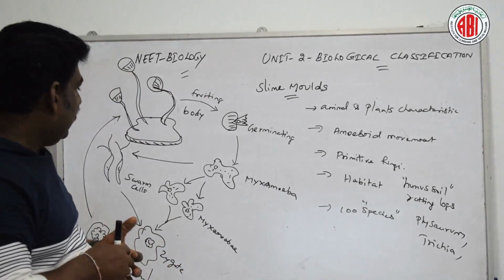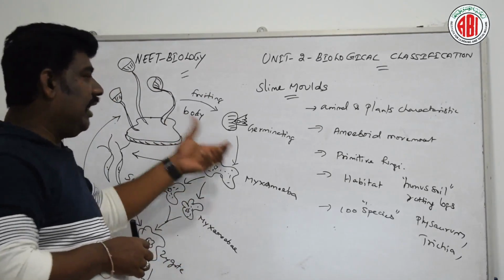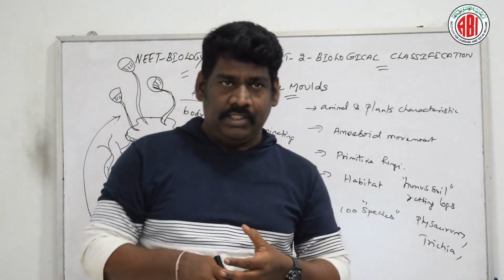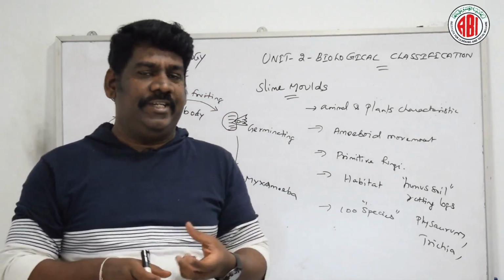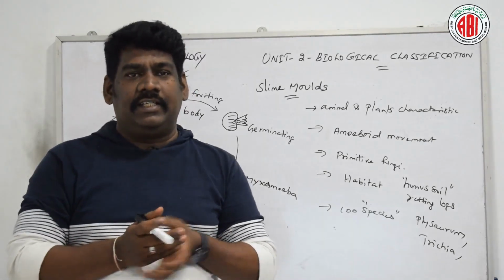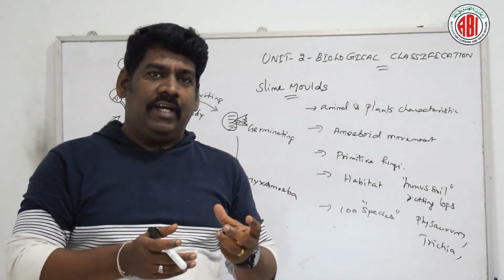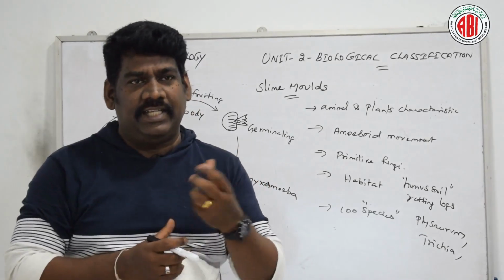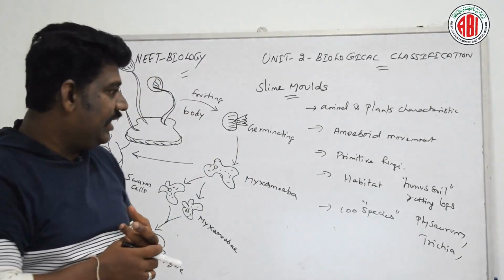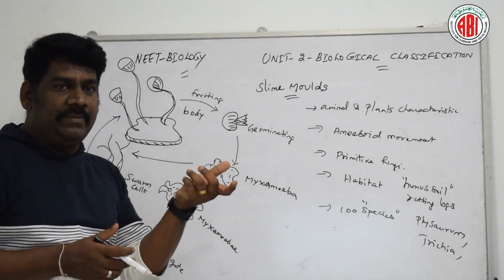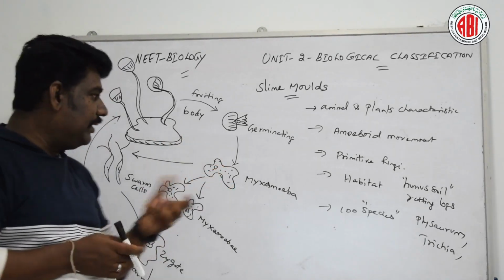Let us talk about the life cycle of the slime mold and also its characteristic features. First, talking about the vegetative phase, the vegetative stages of this organism. These organisms show a vegetative phase of the thallus, which is a free-living organism, naked, and a multinucleated mass of protoplasm can be seen.